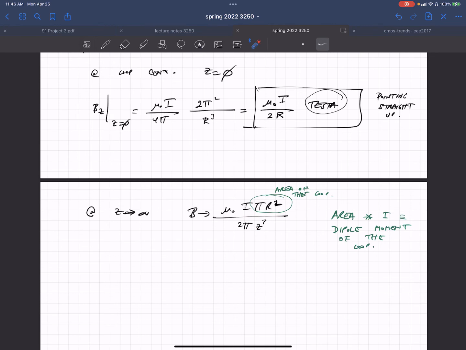And this is very similar looking, with that definition, to the E field for an electric dipole.